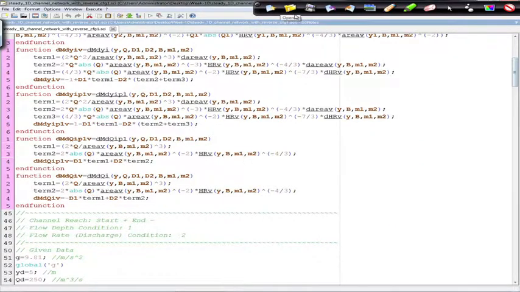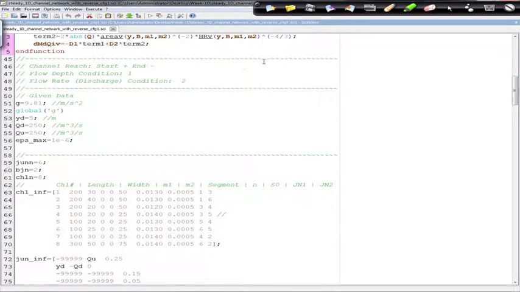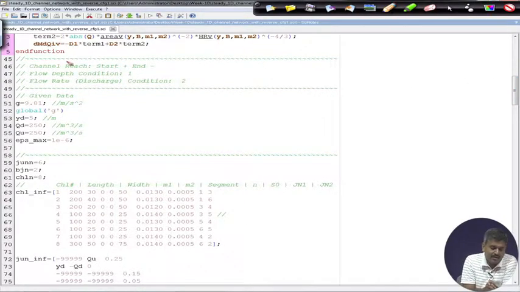Now, after writing these functions, I can start the main program here. So, channel reach convention is that channel reach start is plus, it is ending with minus, and flow depth condition 1 means that is number 1, and flow rate or discharge condition is 2.